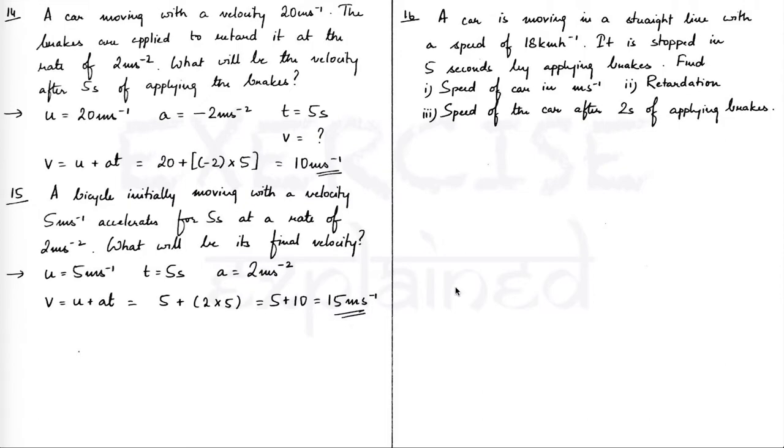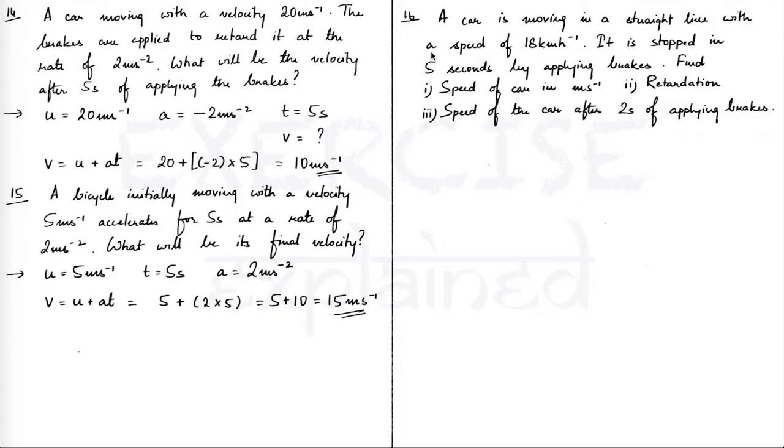Coming into question number 16, exercise 2A, motion in one dimension. A car is moving in a straight line with a speed of 18 kilometers per hour. So it is moving with a speed of 18 kilometers per hour. So this would be taken as initial velocity.